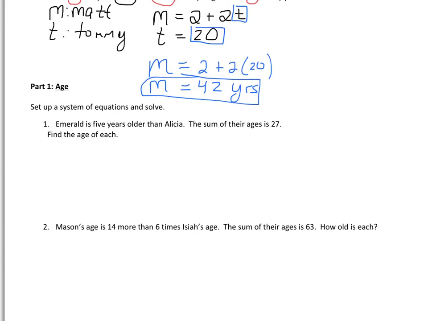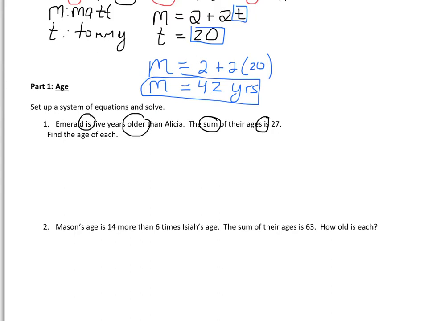Okay, so some more ages here. So we got Emerald is 5 years older than Alicia. So another is and an older. The sum, so sum is going to be addition. And we got your is, so there's where the equal sign is going to go. So I'm assuming we're going to use E and A for Emerald and Alicia.